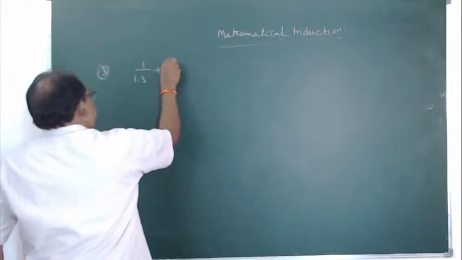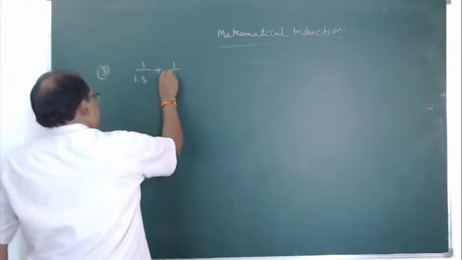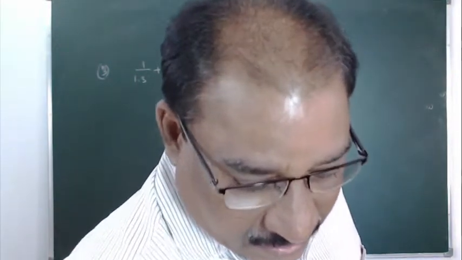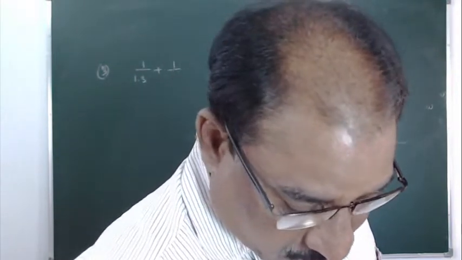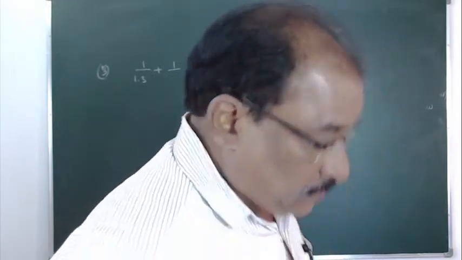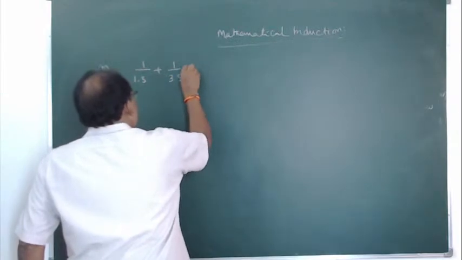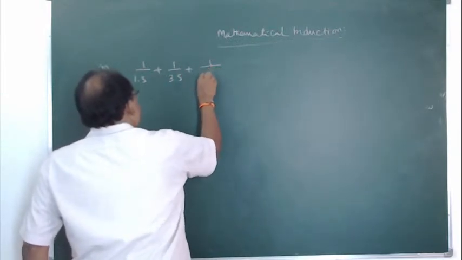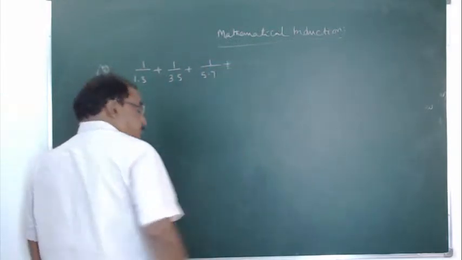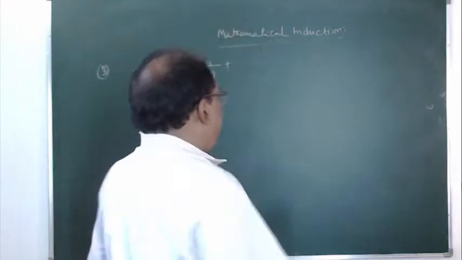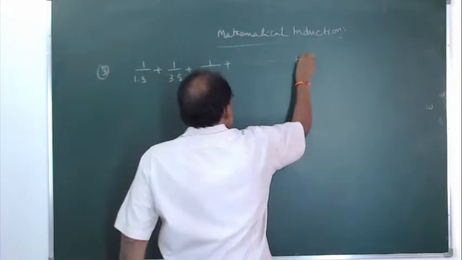The problem is 1 by 1 into 3 plus 1 by 3 into 5 plus 1 by 5 into 7 and so on up to n terms.